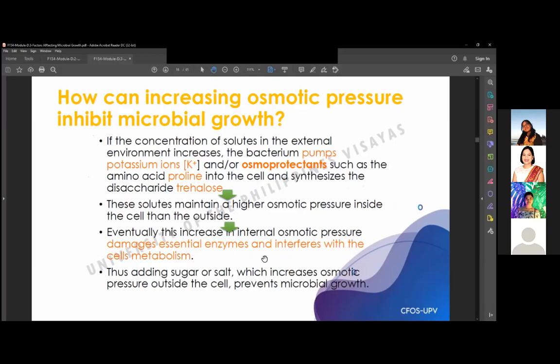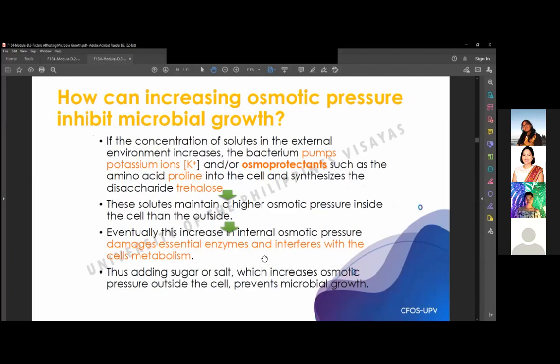Ayan. So next, ito yung explanation ng turgor pressure, no? So the concentration of solutes in the external environment increases, that's outside of the cell, and the bacterium pumps potassium ions and or osmoprotectants such as amino acids and proline into the cell and synthesize disaccharides.